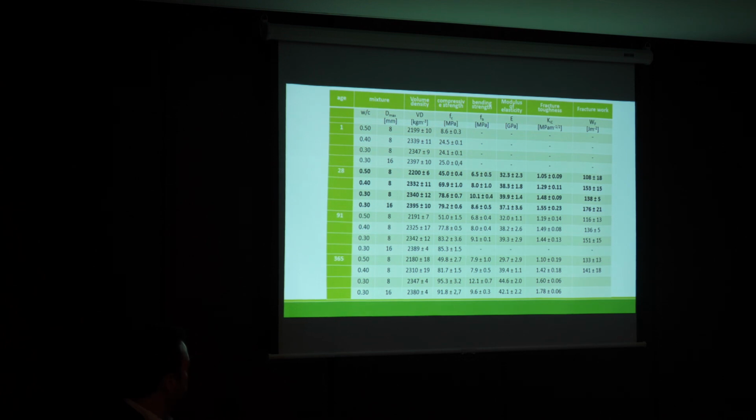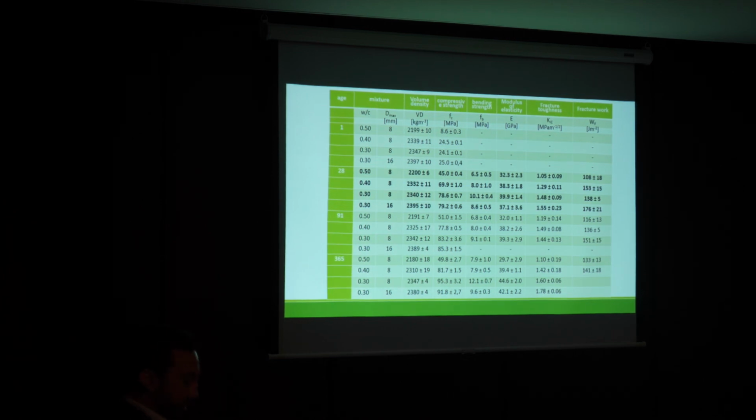So you basically ran out of specimens. Yeah. And of course for 1 day, it's very difficult to measure fracture toughness, only compression is quite easy to measure.